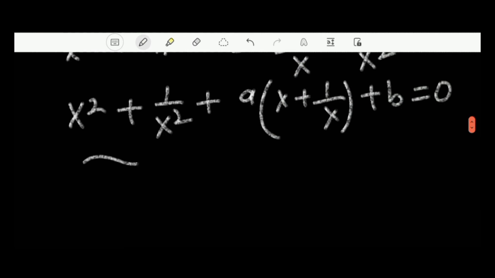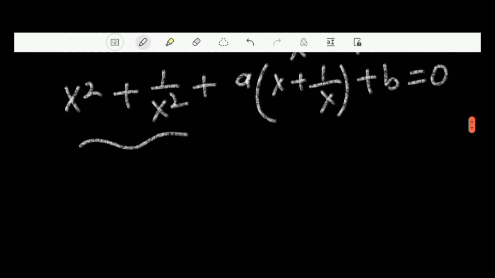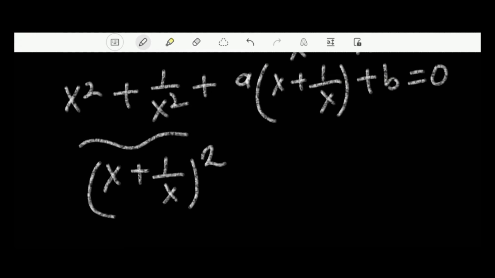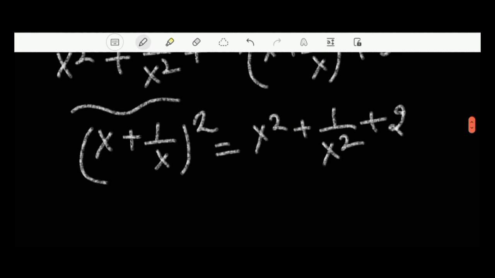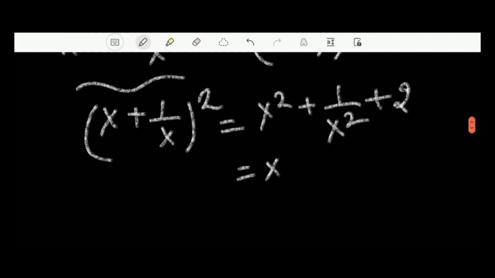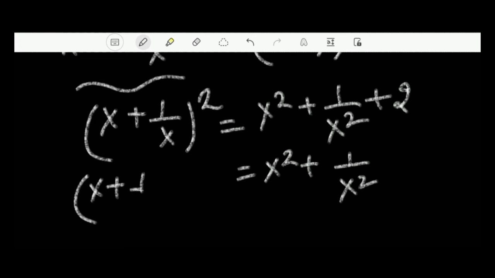And we can simply substitute the x plus 1 over x whole square. We know this is equal to x square plus 1 upon x square plus 2. So we can simply get the value of x square plus 1 upon x square, which is nothing but x plus 1 upon x whole square minus 2.